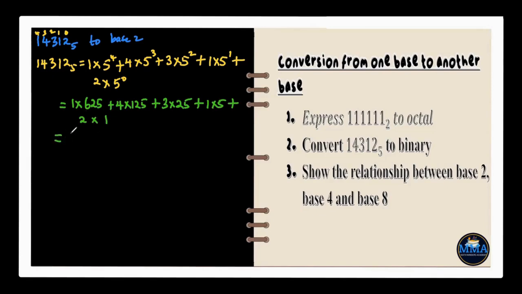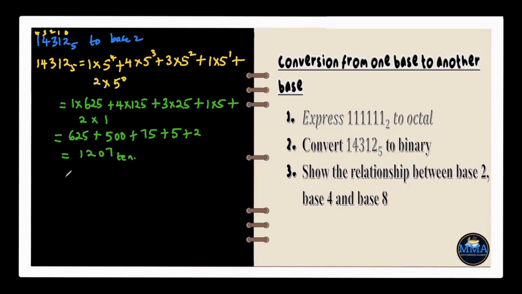So that gives us 625 plus 500 plus 75 plus 5 plus 2. Everything will give us 1,207 base 10.